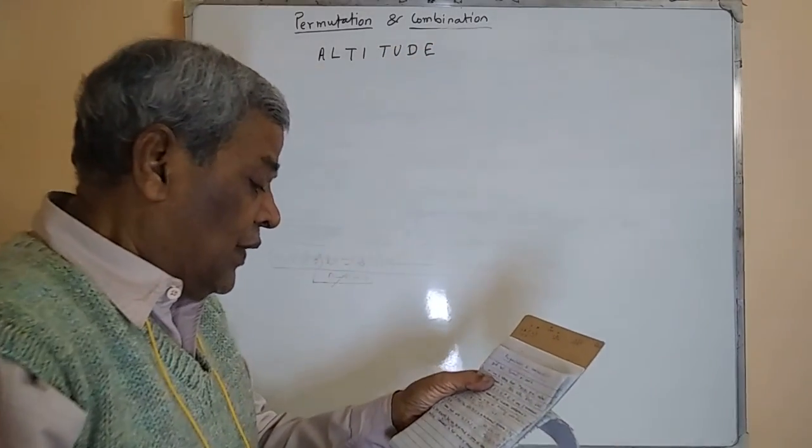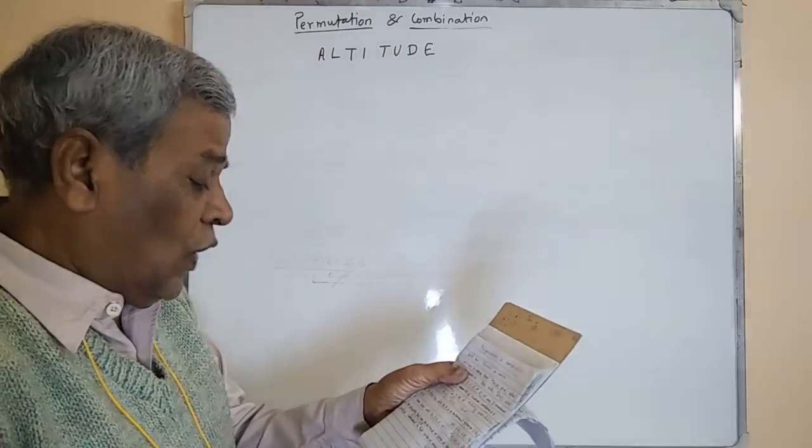Number of words that can be formed by using all letters once only.